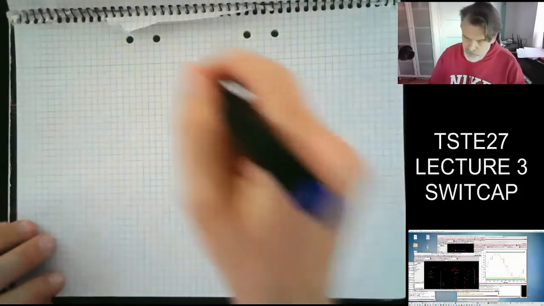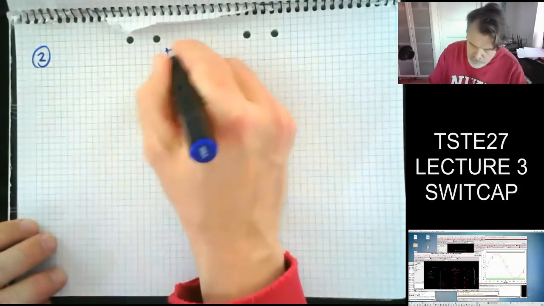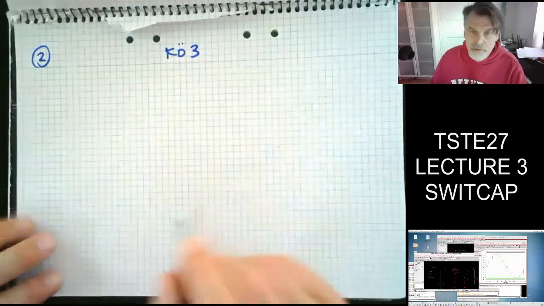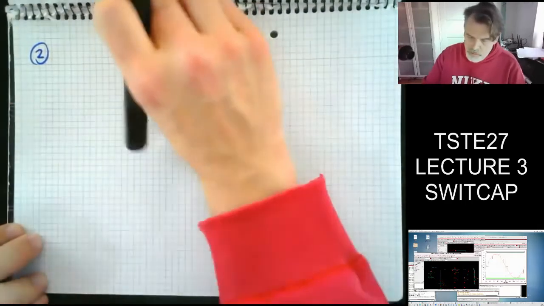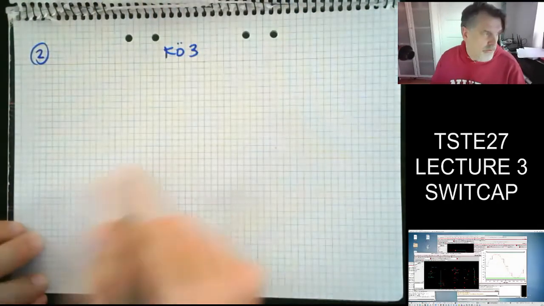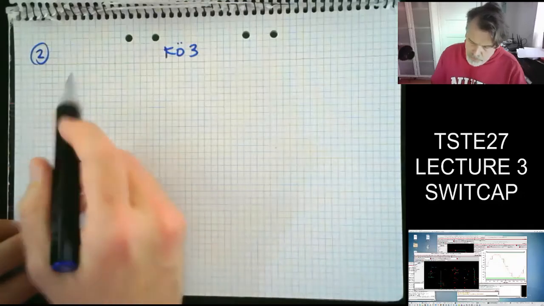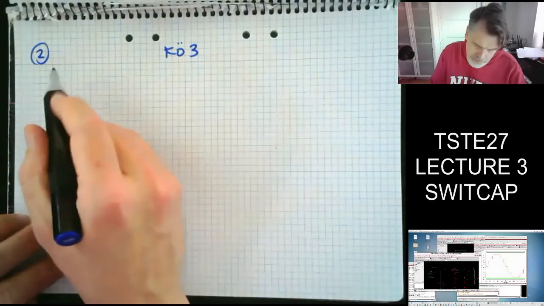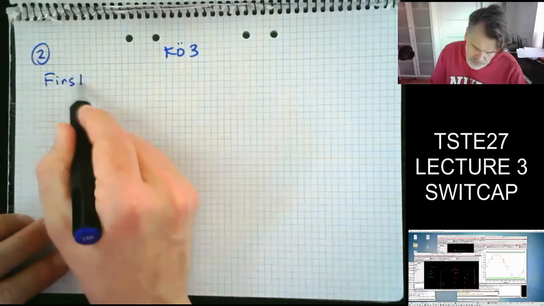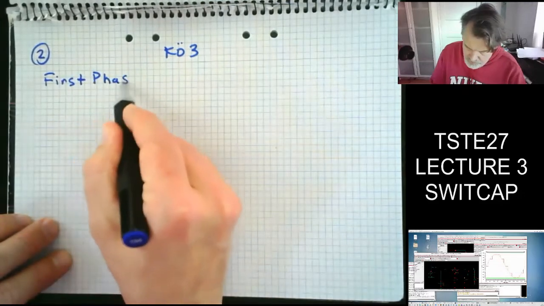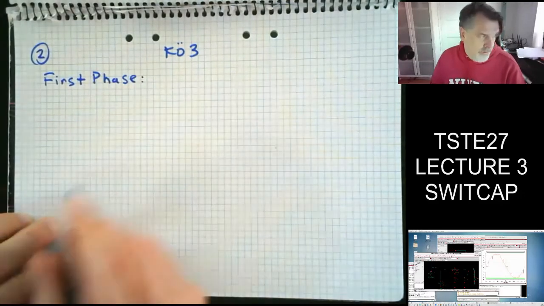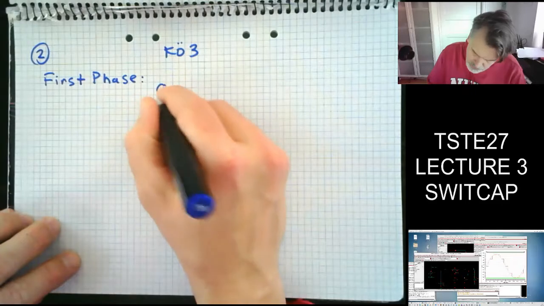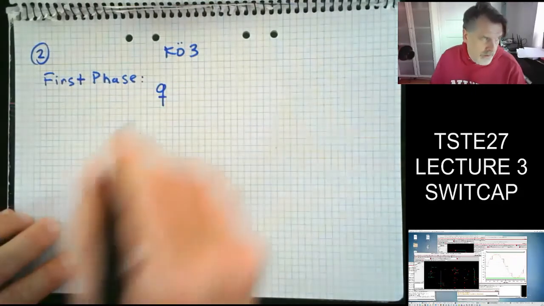Okay, so we have to introduce some methods. First we agreed that we had two different phases. So during the first phase, we note the charge on the capacitor.